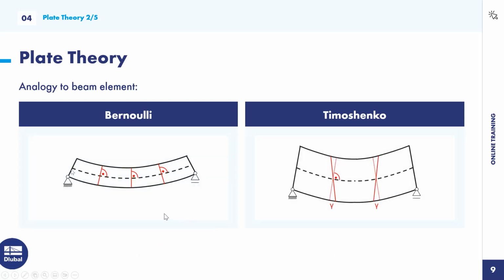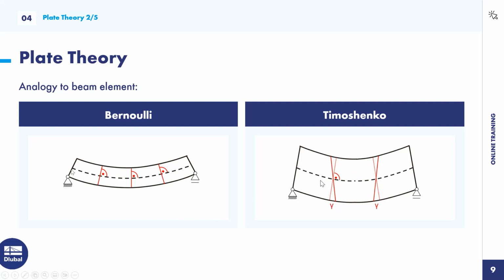And here is what I said with this perpendicular to its axis geometry. For the Bernoulli beam, the cross-section will stay perpendicular. But with our shear deformation in the Timoshenko beam, it will now deform by this shear angle. So that's the main difference.